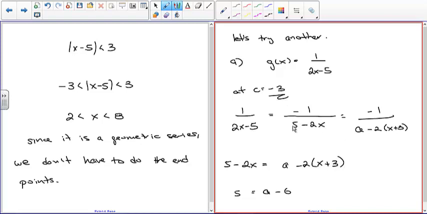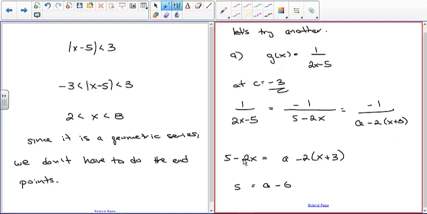So if I want to make these denominators the same, so they're equivalent to each other, I say 5 minus 2x equals a minus 2 times x plus 3. And again, the x parts cancel out. -2x, -2x, so I'm left with 5. And over here I'm left with a and -6.